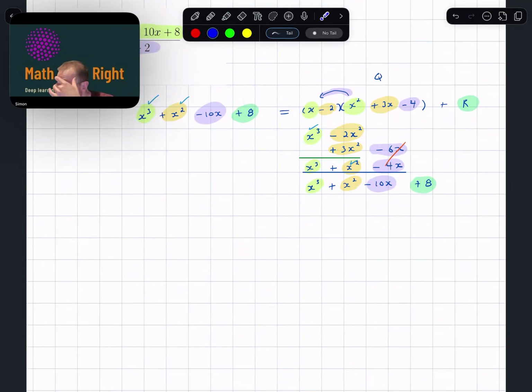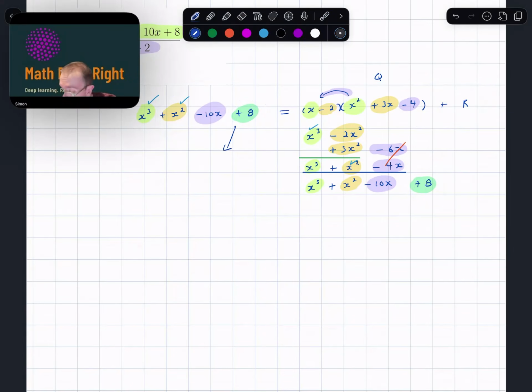If this hadn't been 8 or something, if this had been like 10 or something like this, then in order to make the output equal to the left-hand side, they're equal to the dividend polynomial, we would have to make the remainder like negative 2 or something like this, right? The remainder is whatever you have to add to the constant output here to make it into this constant so that the left-hand side will be equal to the right-hand side. Here, it is 0. The remainder is 0 because we got the right constant.